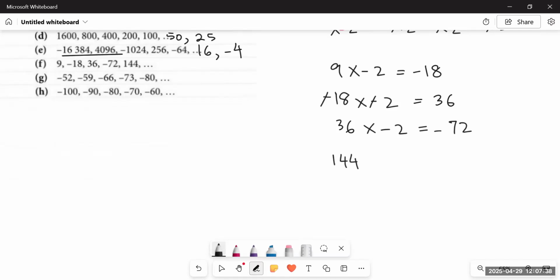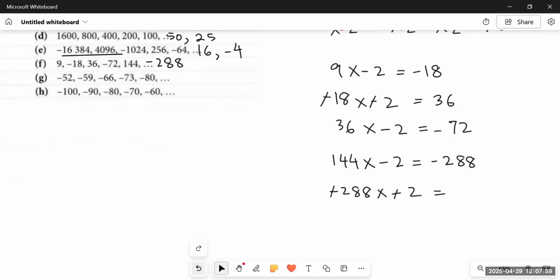I'll multiply 144 by -2, which would be -288. And when I multiply it further by -2, the next term would be positive, that is minus minus cuts. 288 multiplied by 2 is equal to 576.